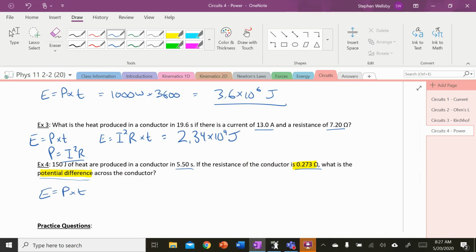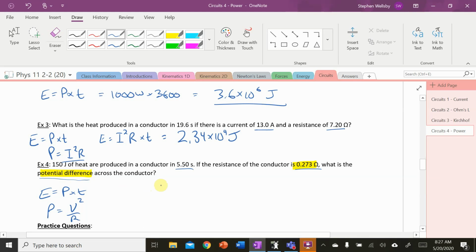So the formula that we want to use for power is the one that relates voltage and resistance together. If we go back to our original 3 options, this is the one right here. I'm going to solve this one in 2 steps. Again, you could do it in 1 step, that's fine too.